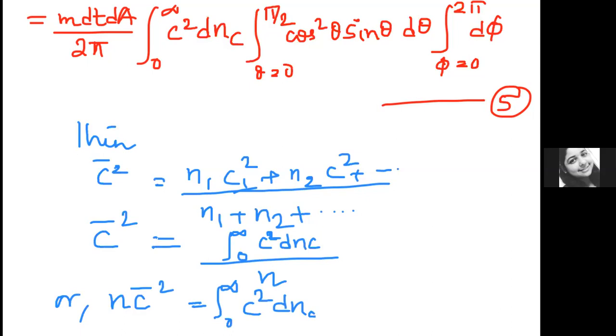Are you following? Now what will you do? You will substitute the value of the integral from 0 to infinity of c square dnc in equation number 5. Substitute this value in equation number 5 and tell me the result you are getting.